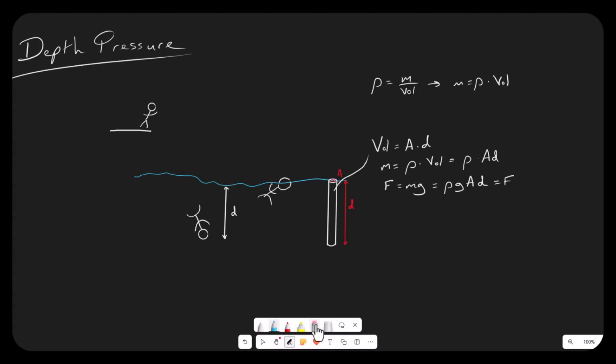So if I go right here and erase this and set this up, my pressure is force over area. Area and area cancel, and I get this equation for depth pressure, and it is rho g d.